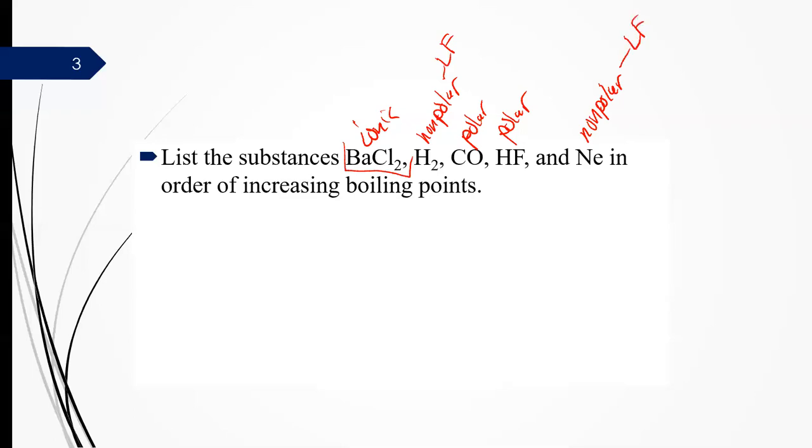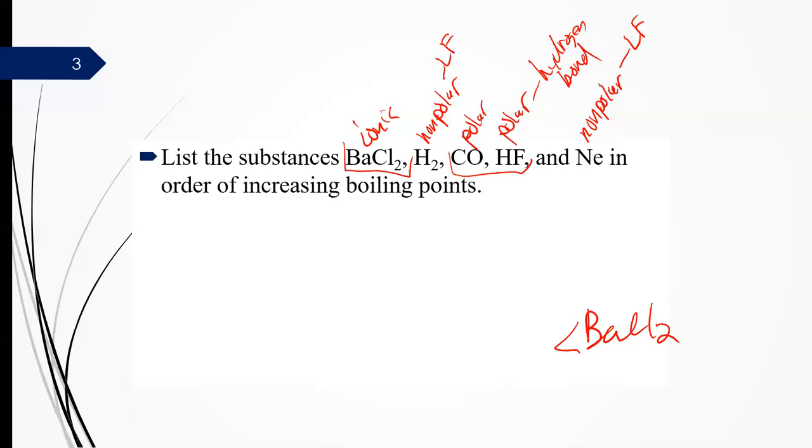And then when we look at our polar ones, we also want to think about, is there any special kind of polar bonds that we might have to worry about, such as HF being our hydrogen bond. So when we start to list this out, we know BaCl2 should be our highest boiling point because it's got the strongest force, those ionic bonds. Because those aren't even like intermolecular forces, they're really more like our covalent bond. So they form really strong connections.